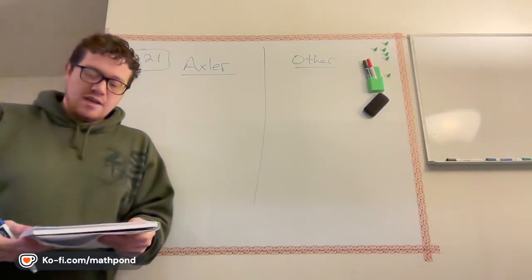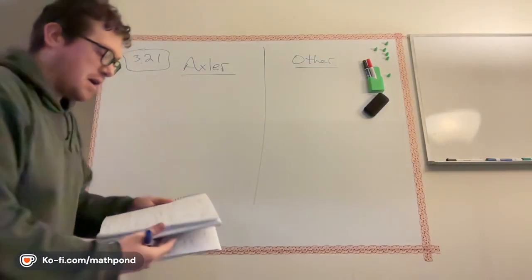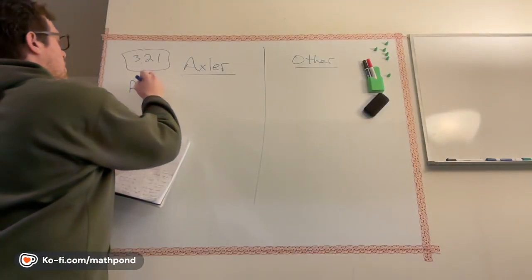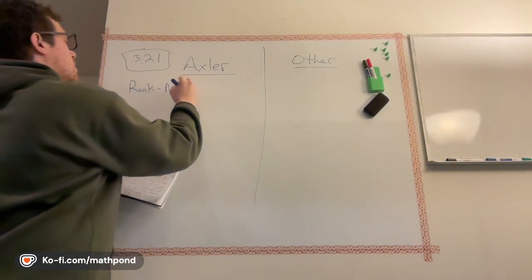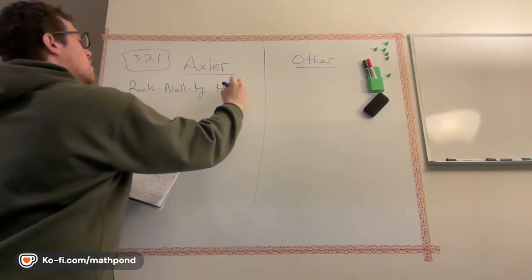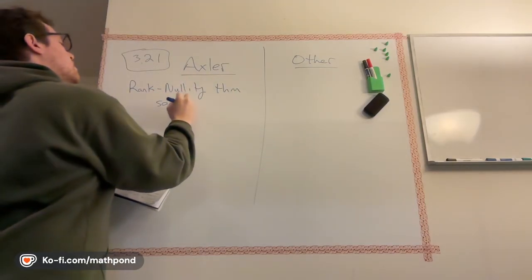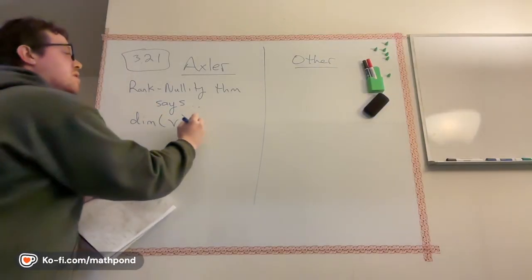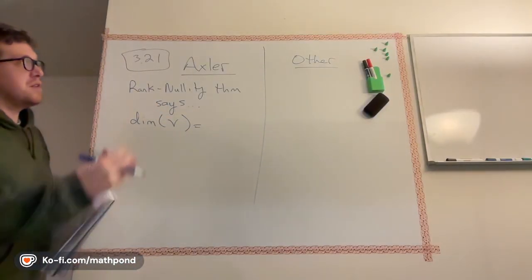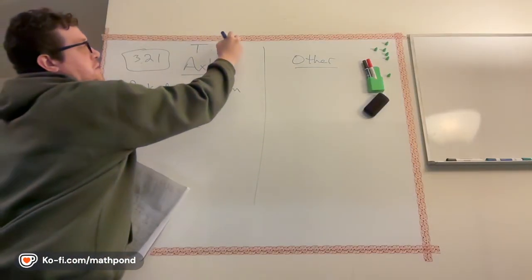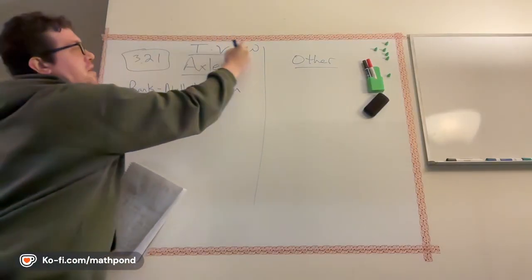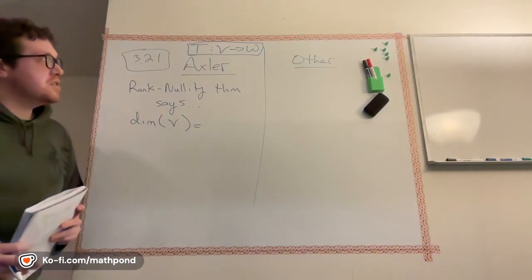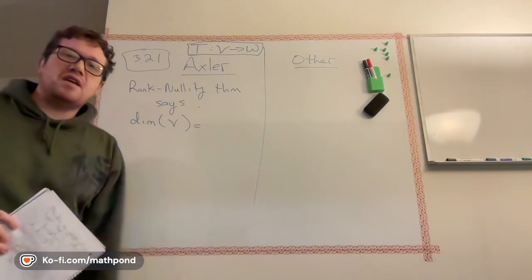And the thing that we're thinking about is this Rank-Nullity theorem. It says that, you have a linear transformation between two vector spaces, and now they're finite dimensional spaces. Well, really we just need V to be finite dimensional.